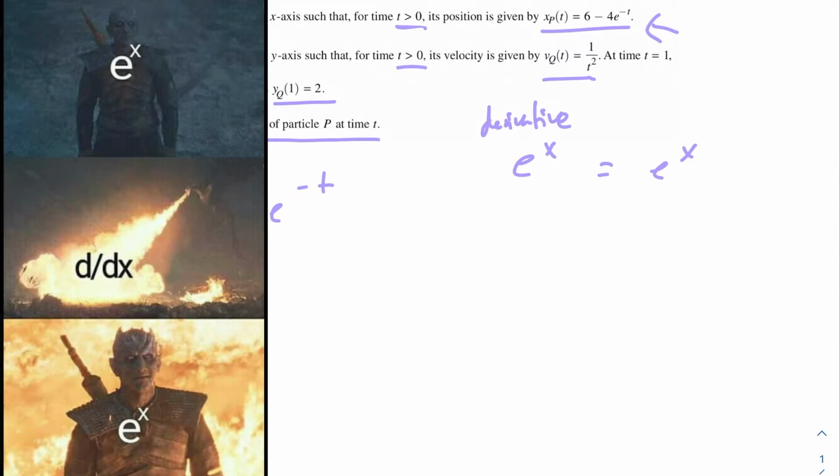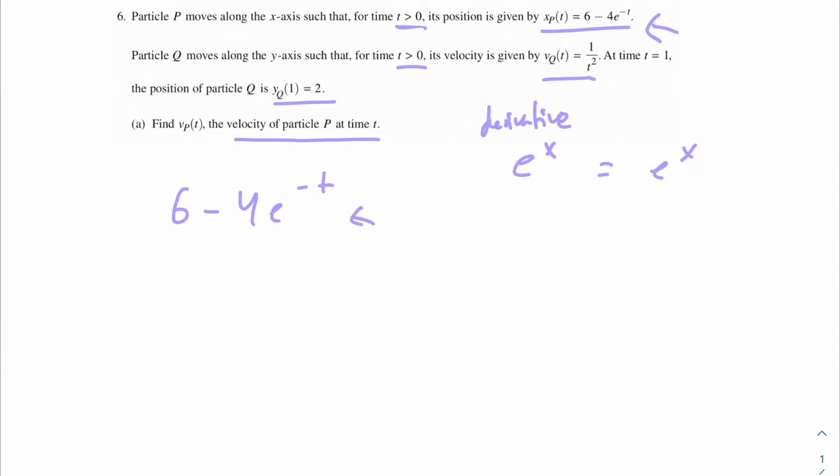It's just e^x again. For our position function, we have something very close to just e^x, but we have e^(-t). When we have the derivative of e^(kx), we move that k down, so now we have k times e^(kx).